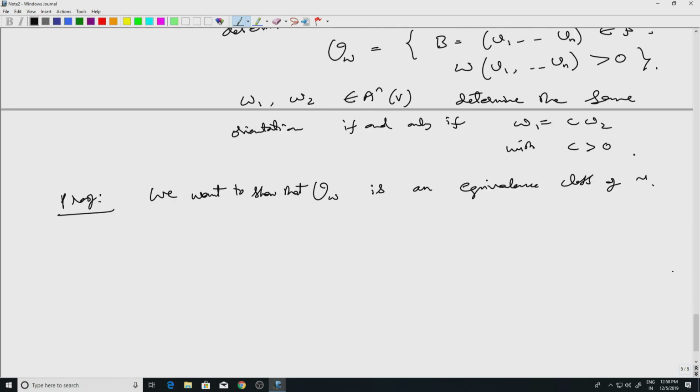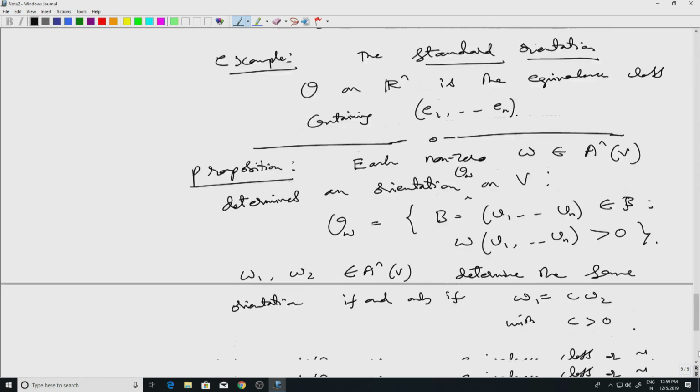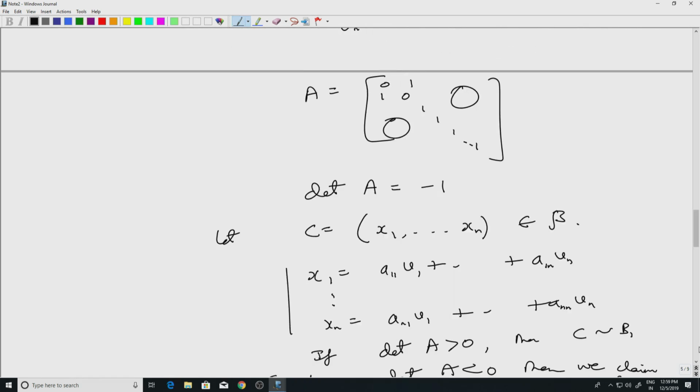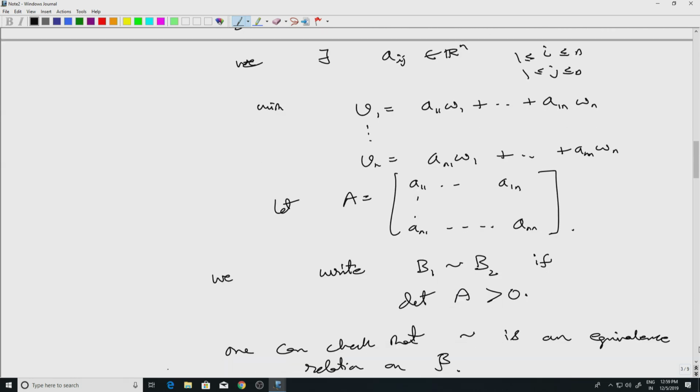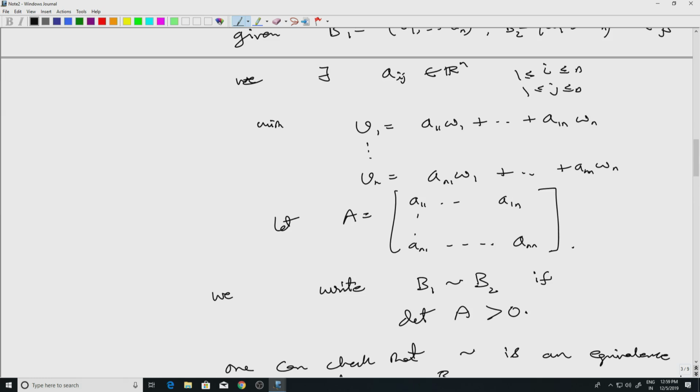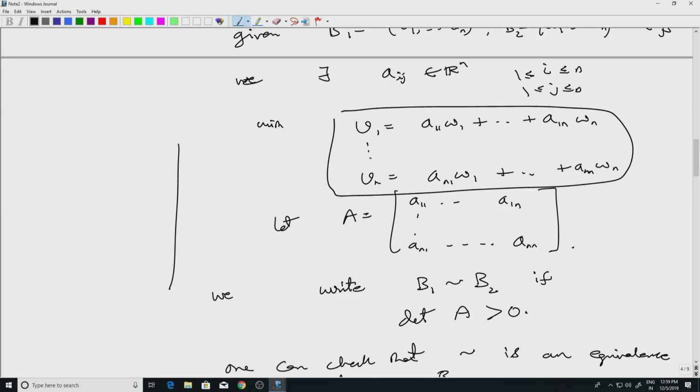In other words, by the way, before I proceed, this is the defining equation in terms of the matrix A, the change of basis matrix A. Let's write the shorthand notation for this set of equations as B1 equals AB2.